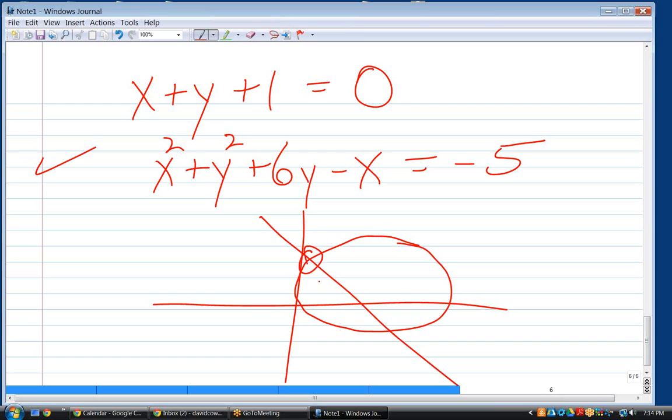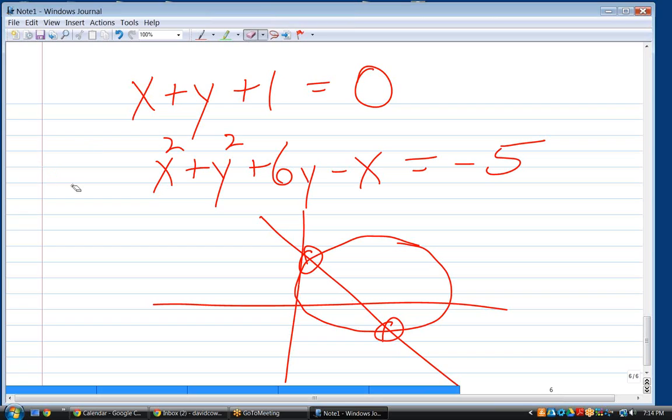So I should expect two solutions, both of them with an x and y coordinate. So in essence, the graph is what we're doing here. Based on this graph, I can tell that I need exactly two solutions, and each one has an x and y coordinate.